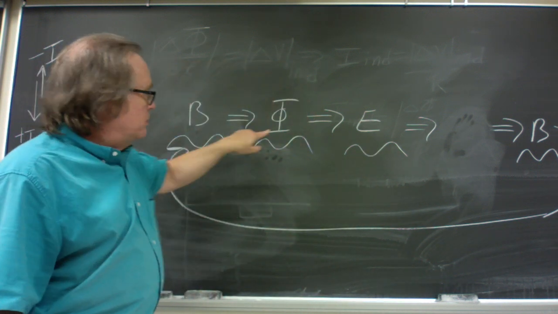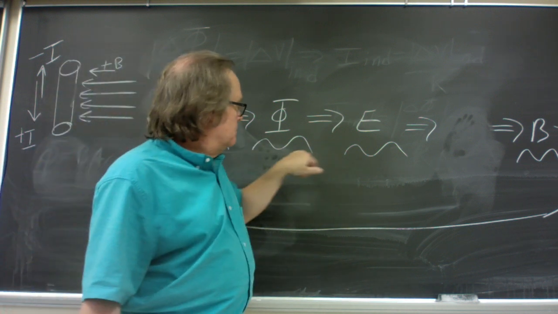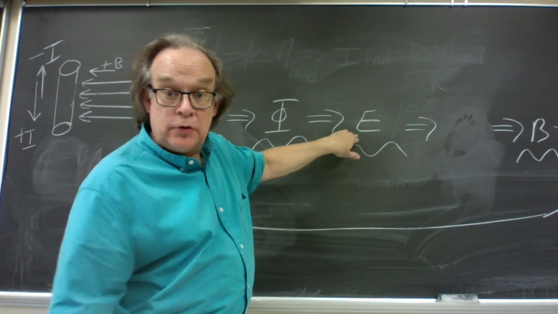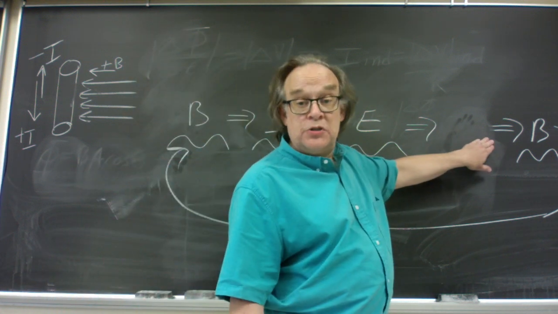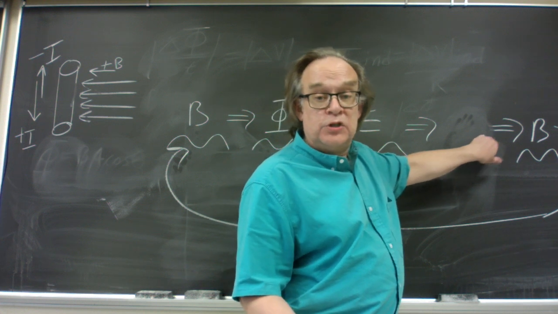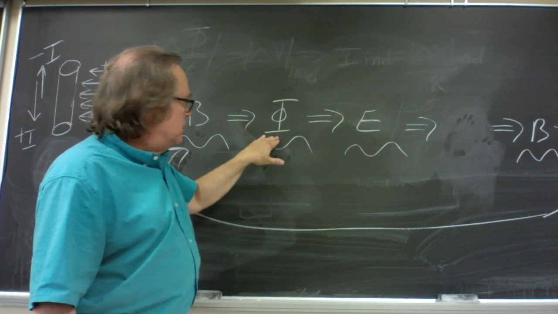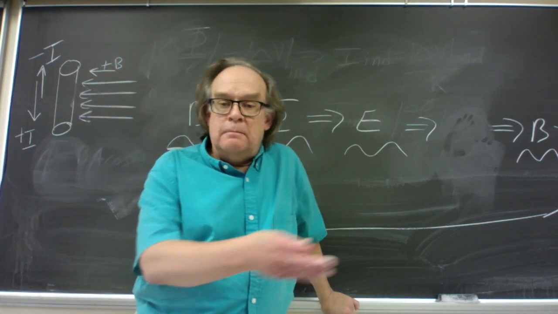But this new field makes new flux, which is changing. That new changing flux makes yet another electric field, which is oscillating, which produces yet another magnetic field, which is oscillating, which produces yet another flux, and so on. You get on and on like that.